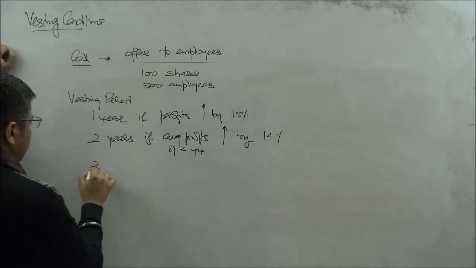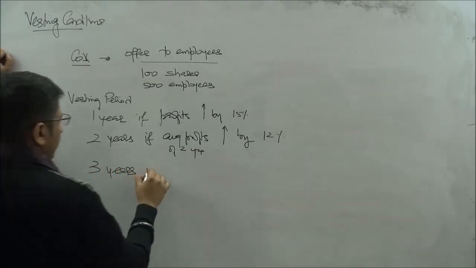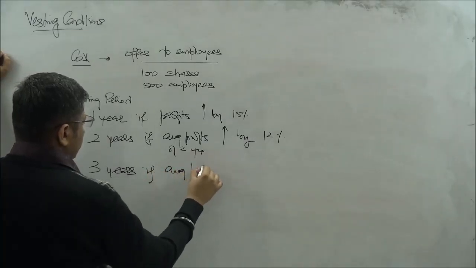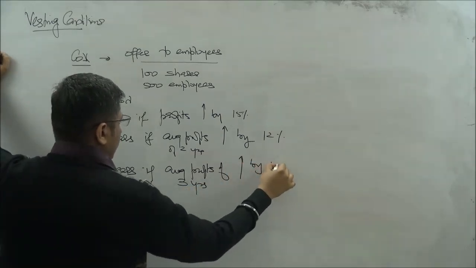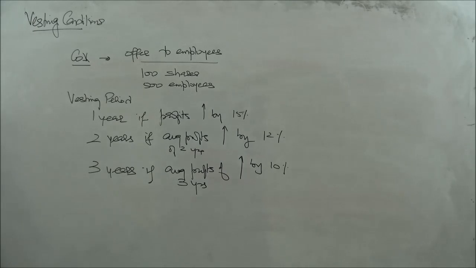And let's say 3 years, if average profits of 3 years increase by 10%. So precisely what we are saying is that we need to identify the likelihood of these profits being achieved, and accordingly we need to have clarity on the cost of the options to be accounted for in the books.